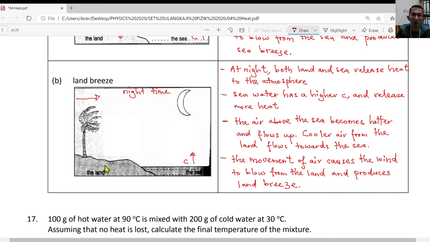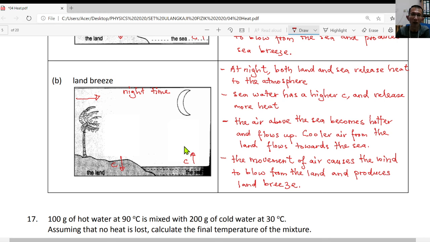However, the specific heat capacity for land is smaller, right? So the seawater has higher C, so it has more heat, so it can release more heat compared to land. So what happened? The air above here becomes hot, all right?